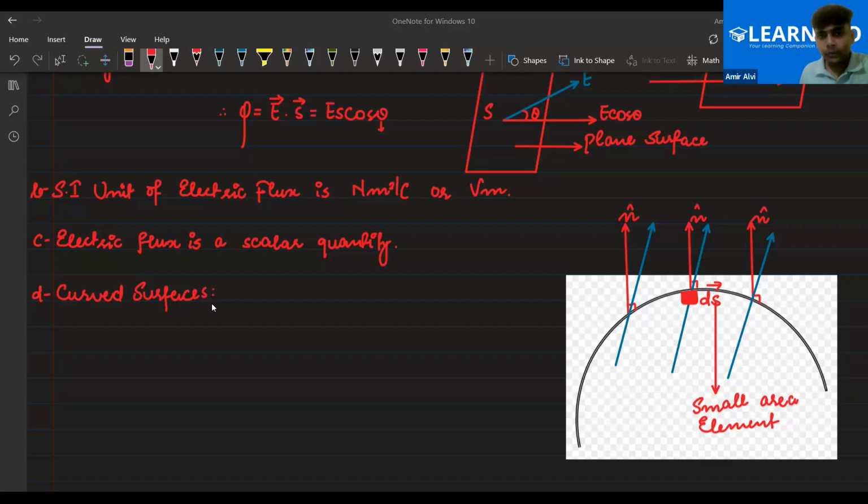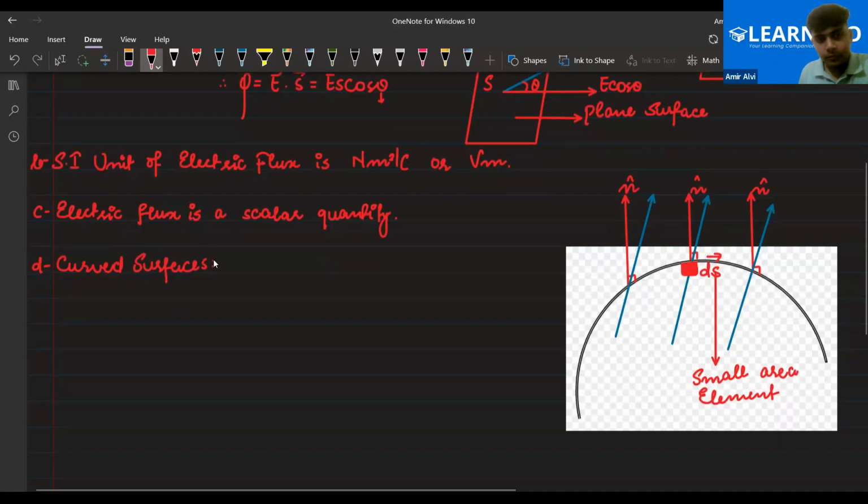So in that case, phi is equal to the closed integral. Because Abyaz, if we do not consider the closed integral, if it's open, then obviously the area will not be covered properly.